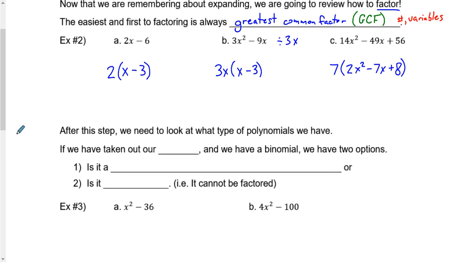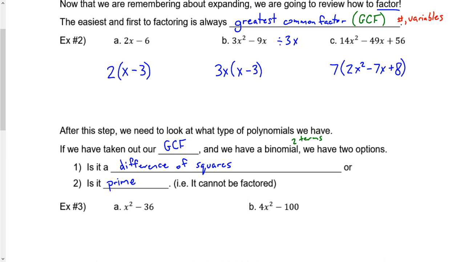After this step, we need to take a look at what type of polynomials we actually have. If we've already taken out our GCF and we have a binomial, so binomial meaning 2 terms, we have 2 options. It is either a difference of squares, which is really easy to factor, or it is prime.